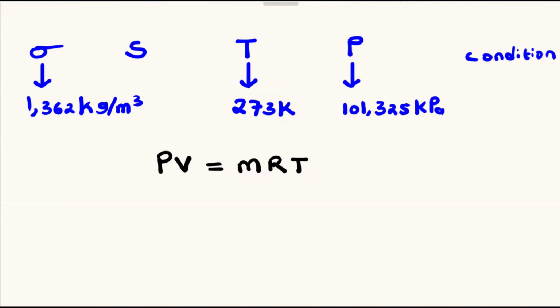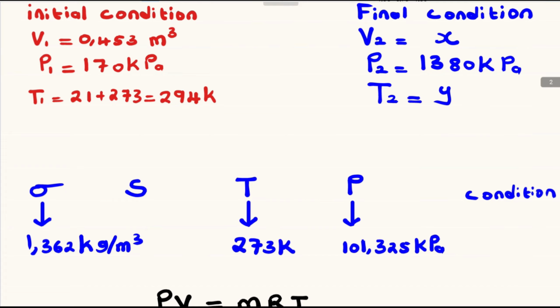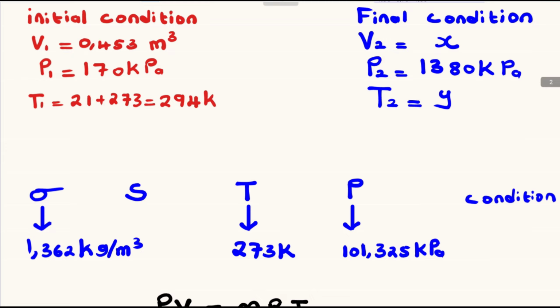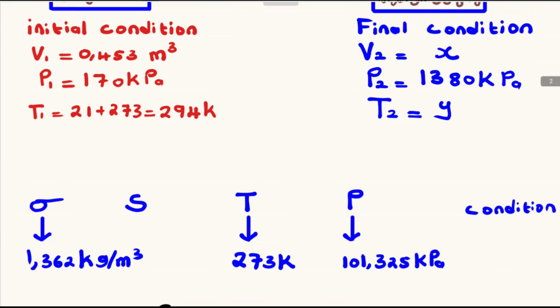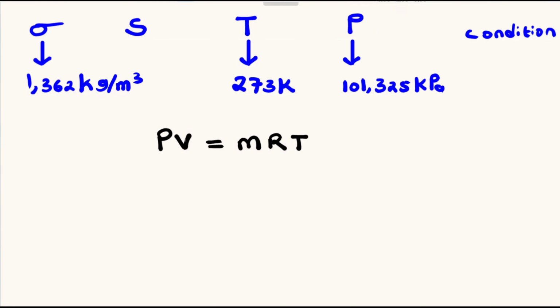So let's see, from the initial condition, we have volume 1, pressure 1, and temperature 1. So from our formula, we have that volume, that pressure, and the temperature, but we don't have the mass and the gas constant. So we can use the initial condition. How about we try the final condition?